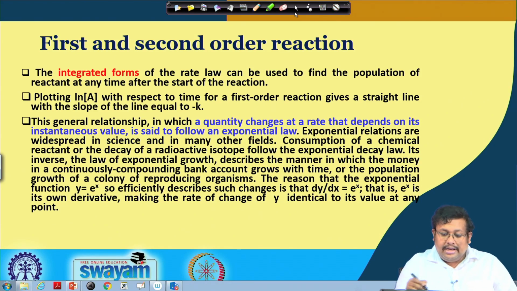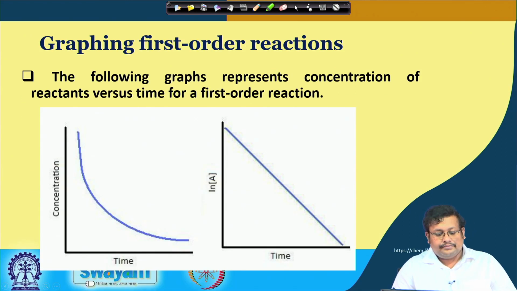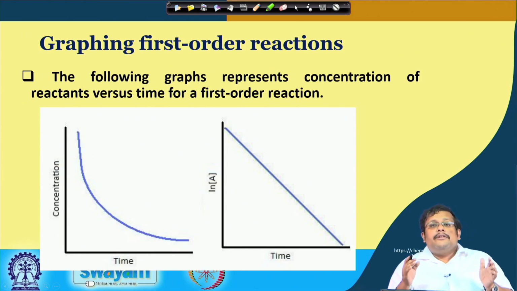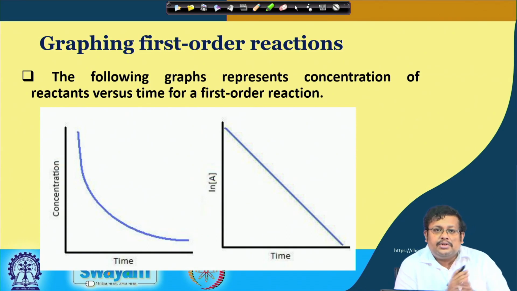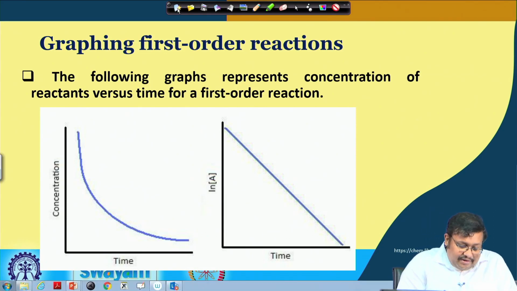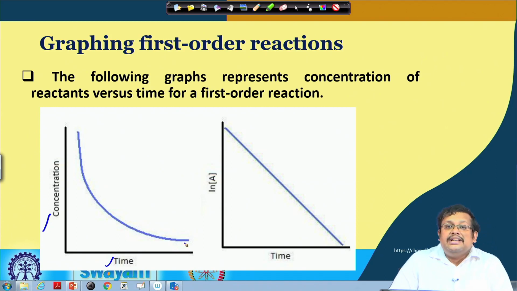Okay. Now, why is it called an exponential decay? If you plot time versus concentration, you will see that it is following an exponential decay. Now, that is basically log normal. So, whenever you convert it to logarithmic form, you will get a straight line. So, the following graph represents the concentration of a reactant versus time for a first order reaction.